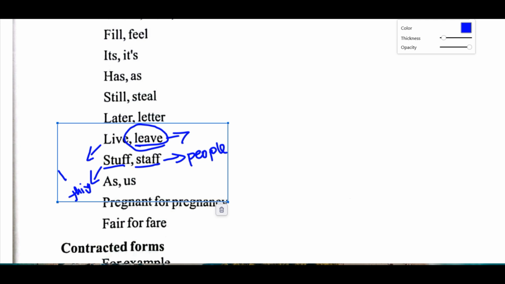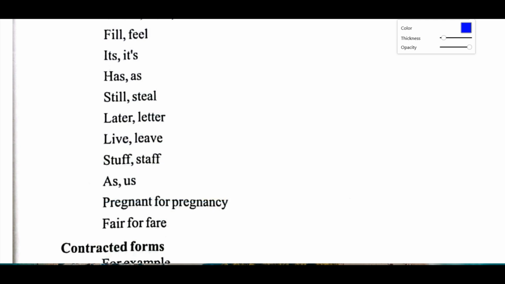So "us" is for people, "as" is the one that we looked at here. Then we have "pregnant" instead of "pregna". So pregnant and pregnancy are two different words. Pregnancy is a noun. Then pregnant is like a verb or a situation, a condition of the moment.